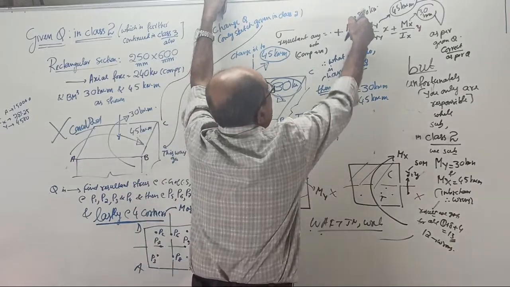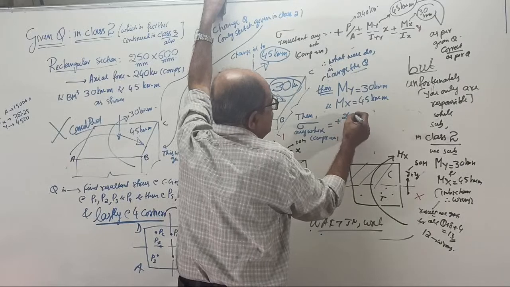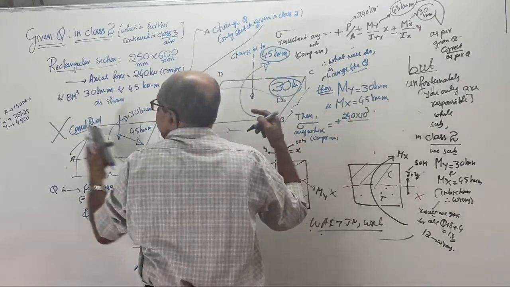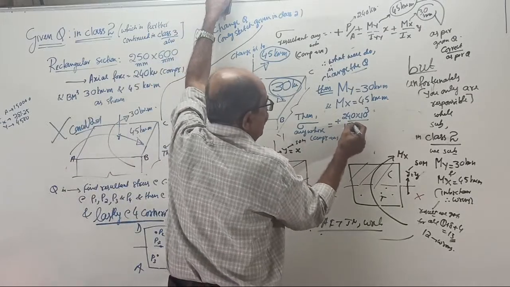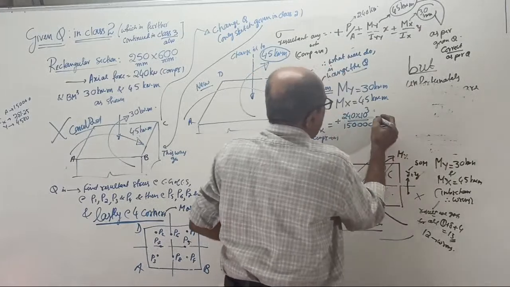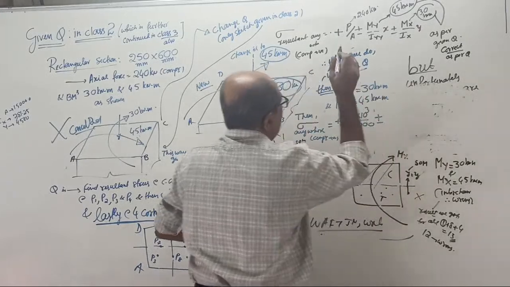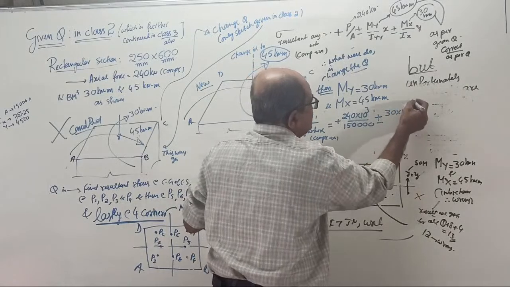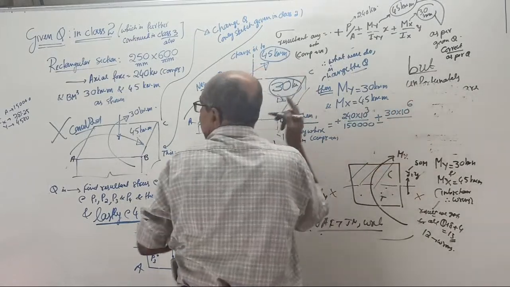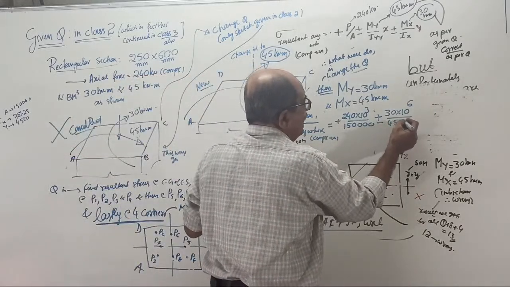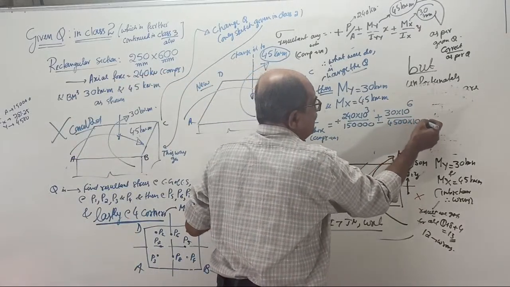Plus P by A: 240 times 10 to the power 3 divided by area, 150000. Then plus or minus M about Y, 30 times 10 to the power 6, divided by I about YY, 4500 times 10 to the power 6.